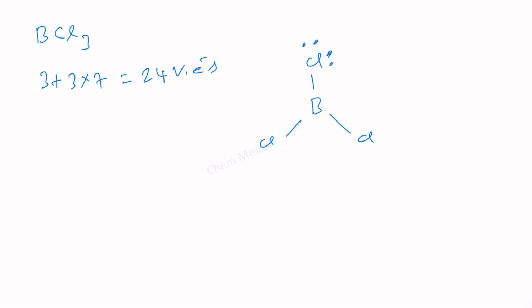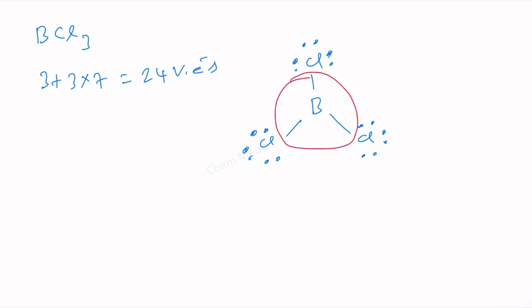Though the chlorine atom would satisfy the octet configuration here, the boron will not. So, we have 18 electrons as lone pairs and 3 bond pairs, that accounts for 6 electrons. So, we have used all the 24 valence electrons.